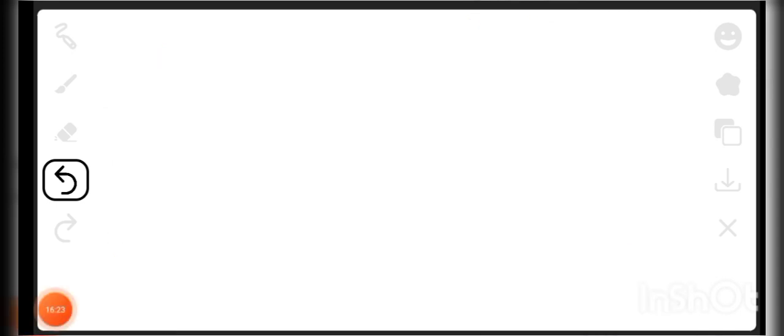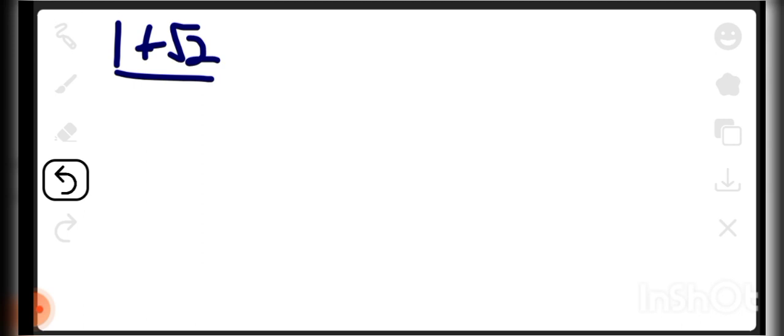Now let's say we want to evaluate this surd: 1 plus root 2 over 1 minus root 2. To do this, remember I told you the first step is to multiply both the numerator and the denominator by the what?